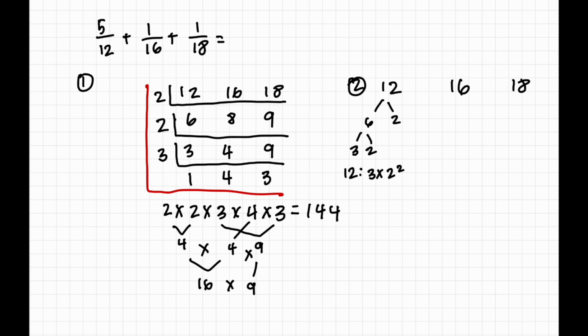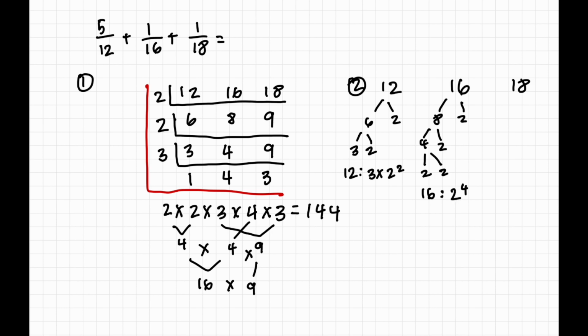Now 16. 16 is 8 times 2. And 8 isn't a prime number, so I would divide it into 4 times 2. But 4 isn't a prime number, so I would divide 4 into 2 times 2. So that would make it 2 to the power of 4.